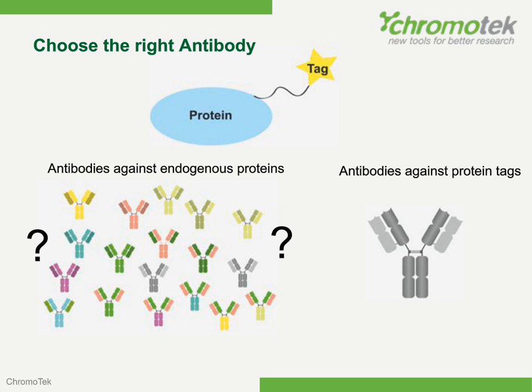And if it's possible for your application, you might think of fusing your protein to a protein tag. Then you can be at least sure that the antibody is working and that the antibody is not the problem during your IP. And you can focus on all the other parameters which you might have to optimize.